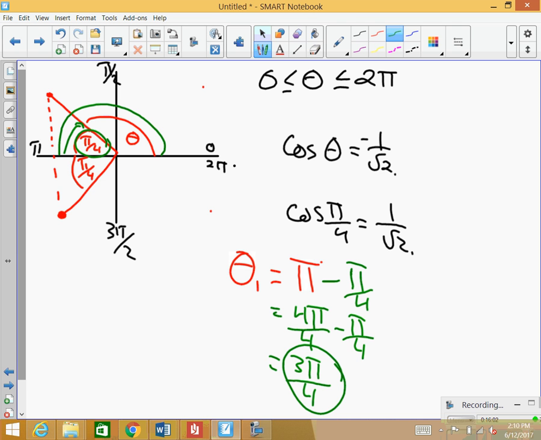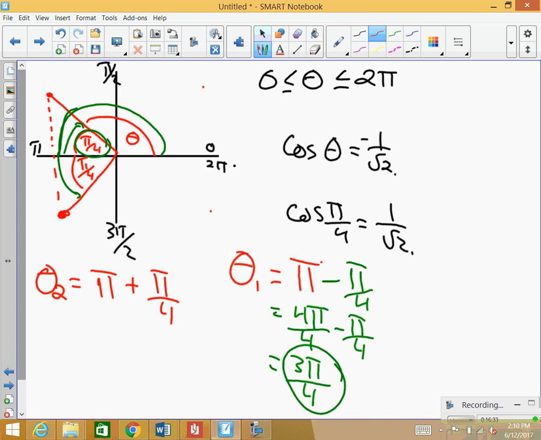And that's our first theta value for this. So cosine 3 pi over 4 gives us our negative 1 over root 2. But then we also have a second one, where we go all the way to this point, but then we go the extra pi over 4. So our second value of theta, theta 2, is equal to pi, but this time we're going to add pi over 4, because that gives us our other value right here in the third quadrant.